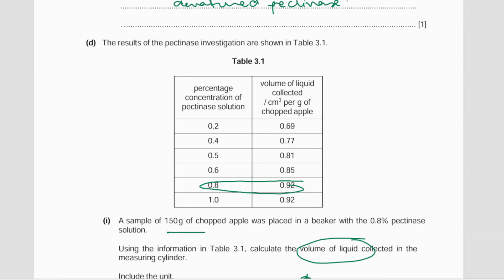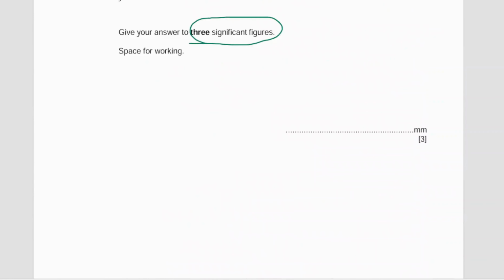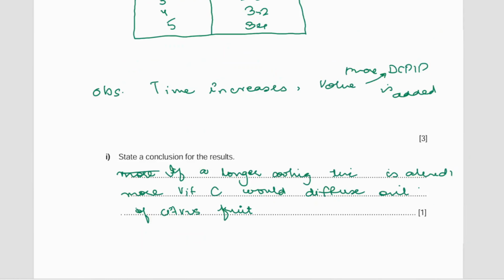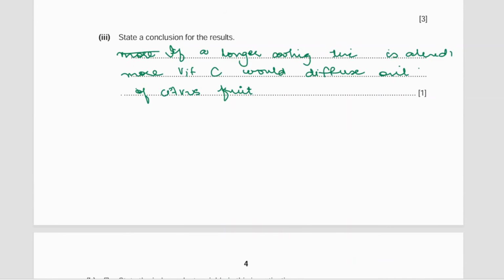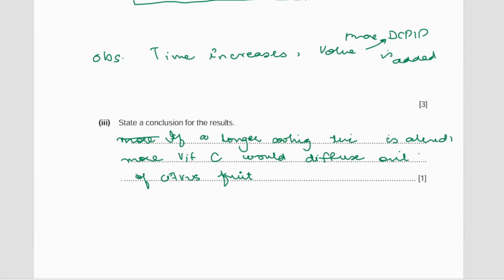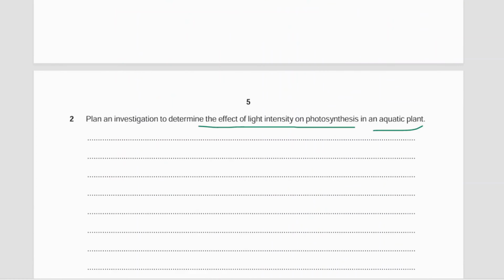Let's move to this one. Where is the conclusion? You have to conclude the whole result. That's why we have added that if a longer cooking time is allowed, then vitamin C would diffuse out more, because this was given in the question.